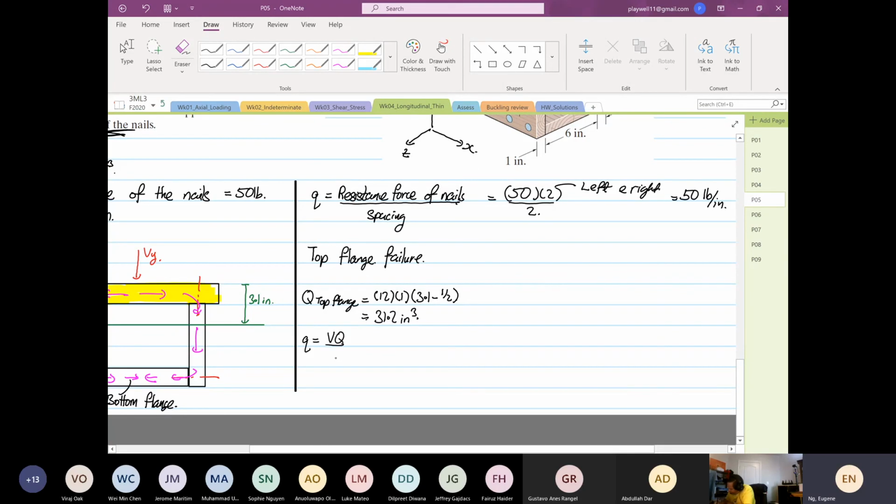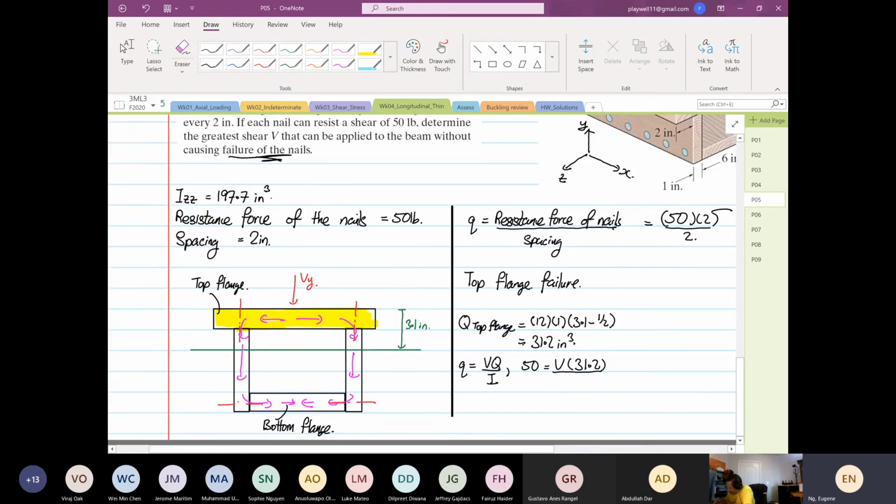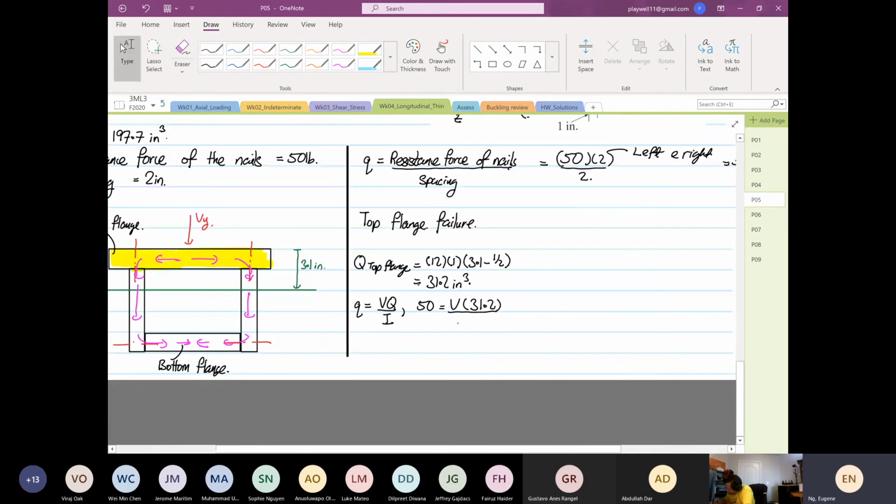Okay. So the next formula we're going to apply is q is equal to VQ over I. So this will be equal to 50 is equal to V multiplied by Q, which is 31.2, divided by I. So I is equal to 197.7.